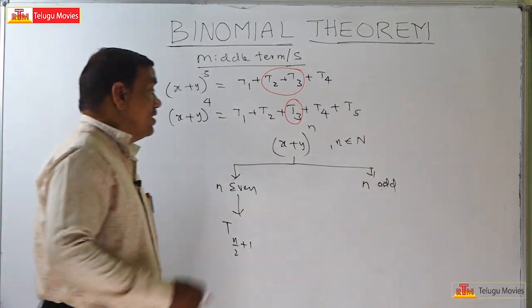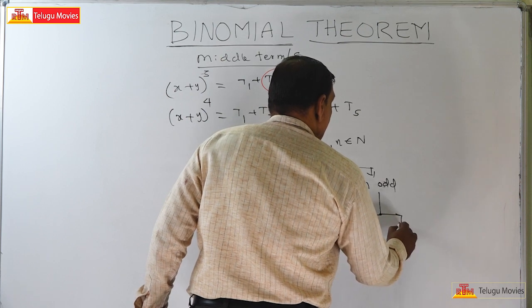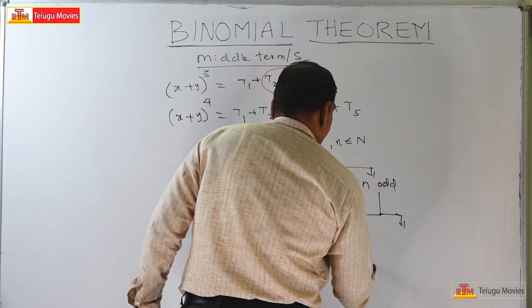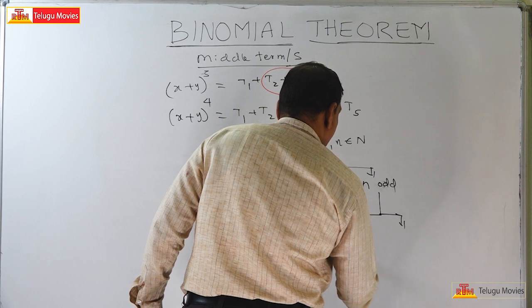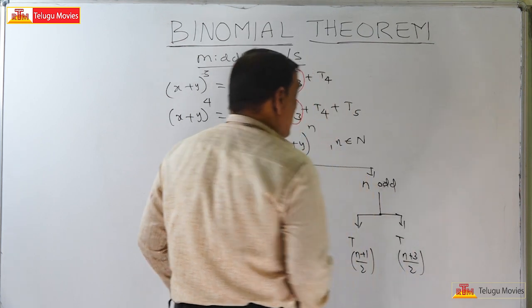Okay now, if n is odd, you will get 2 middle terms. One is t of (n plus 1) by 2. Another one is t of (n plus 3) by 2. Understand?